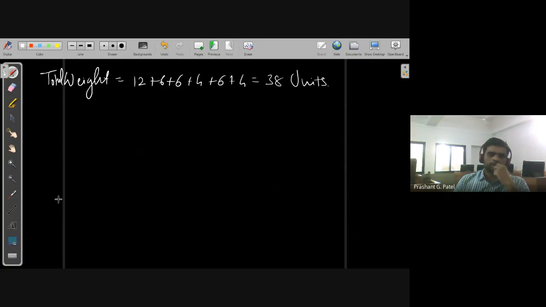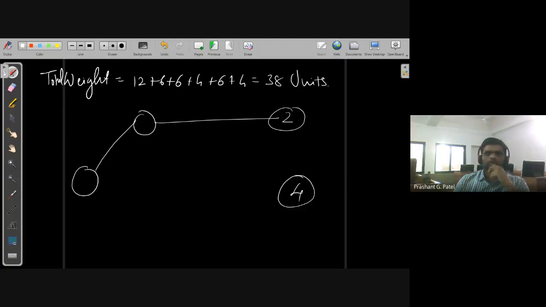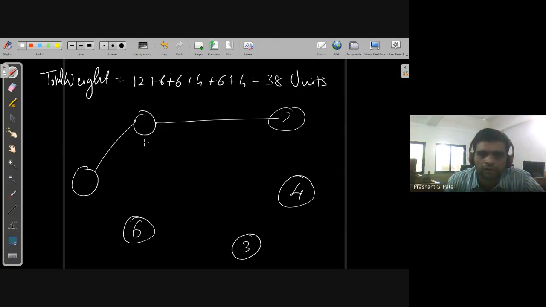Okay. Let me give you one exercise to do yourself. Obviously, you can also work with the previous example, where we did the Kruskal algorithm. That also you can do. This is 1, 2, 3, 4, 5, and 6.